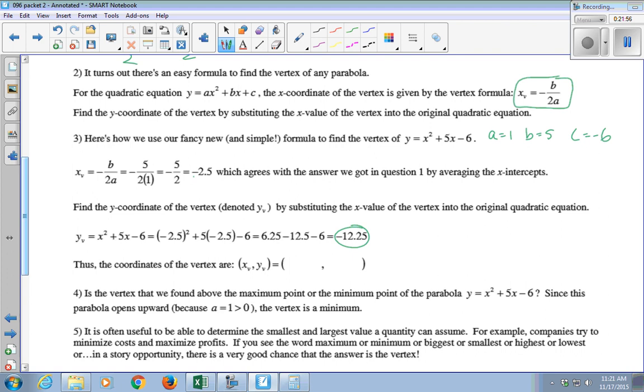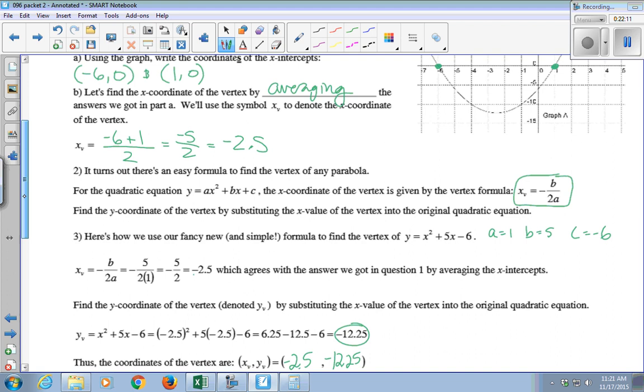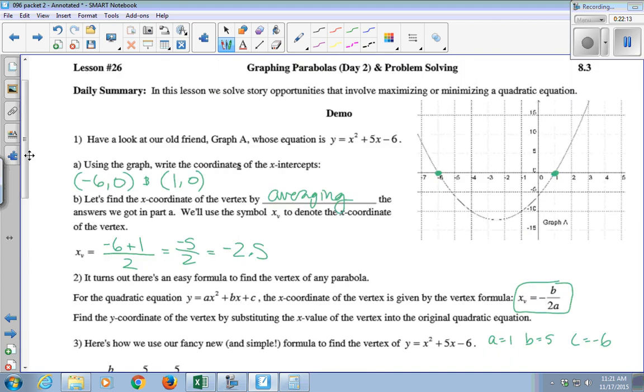So the coordinates of the vertex are -2.5, -12.25. All right, that vertex that I just found is right here. Vertex.